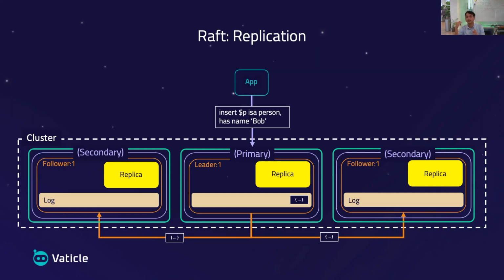However, what's interesting is the primary can already respond back to the application saying that the entry has been accepted once only the majority of the servers, and not all of the servers, receive the data.